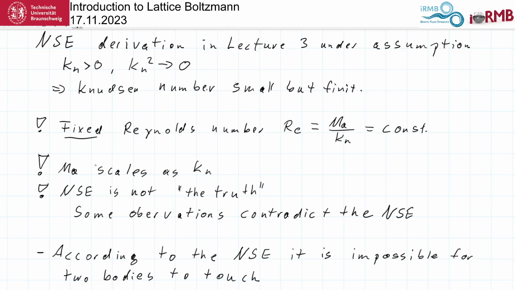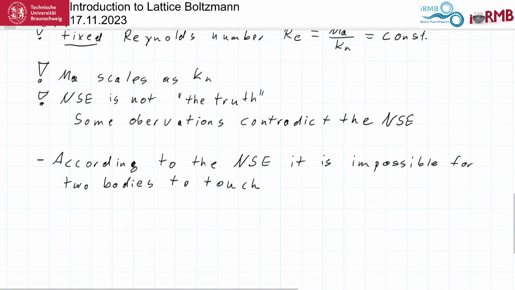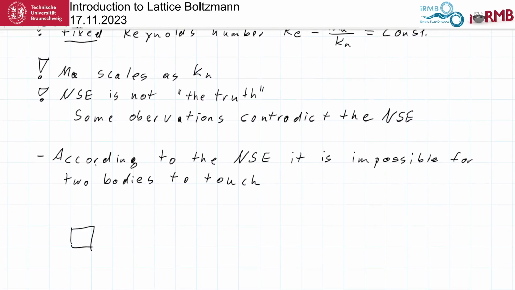So what happens? If two bodies want to touch, if there's body 1 and there's body 2, if ever they want to touch, they have to move towards each other. So there would be a velocity u1 and a velocity u2, and one is going this way and one is going that way.